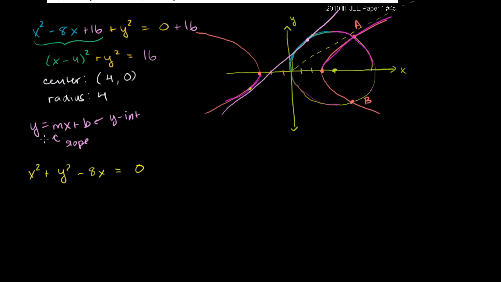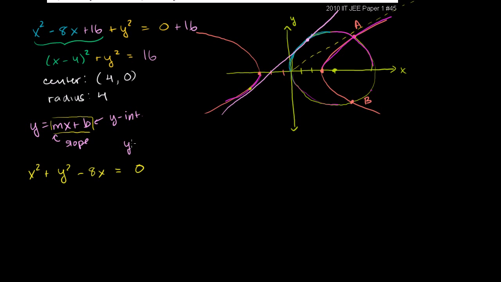So what we can do is substitute this expression in for y, and then figure out the constraints on m and b so that we only have one solution to the intersection, where we only intersect at one point. To do that, let's substitute for y squared. If y is equal to this, let's square that.